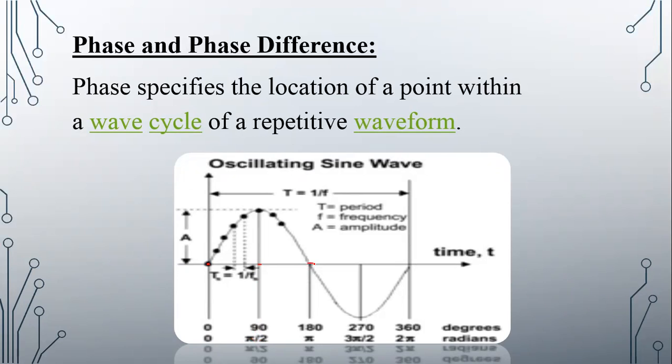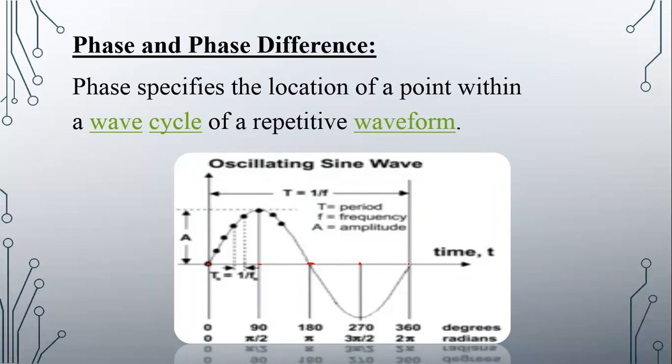And at this point, the phase is 180 degrees, and in radians it is pi. And this is the point where it has the negative peak value. So its phase at this position is 270 degrees, or it can be written as 3 pi by 2.